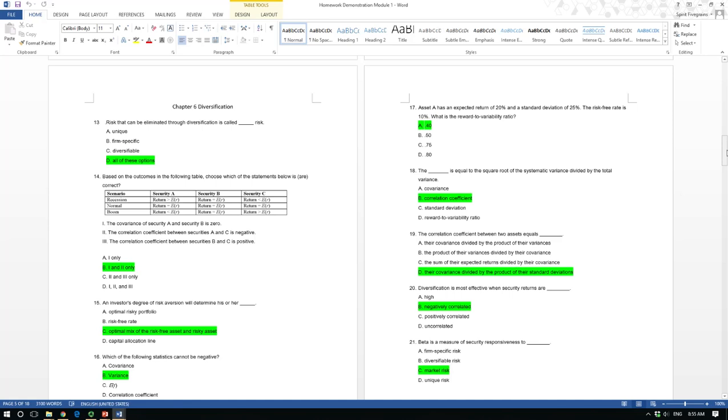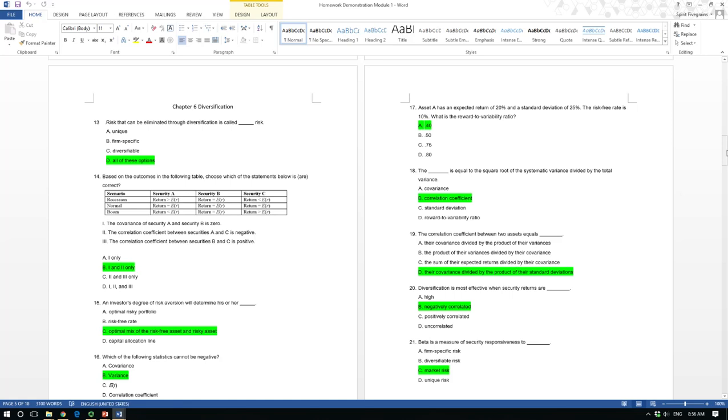And security A goes the opposite, a very typical counter-cyclical stock. So here we have 3 choices. First, the covariance of stocks A and B is 0. Second, the correlation coefficient between security A and C is negative. And third, the correlation coefficient between security B and C is positive.